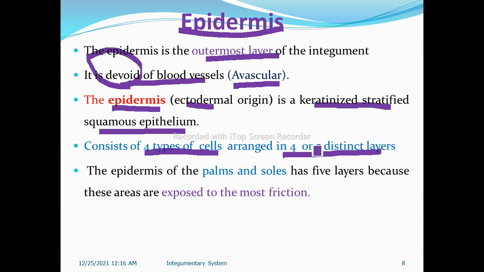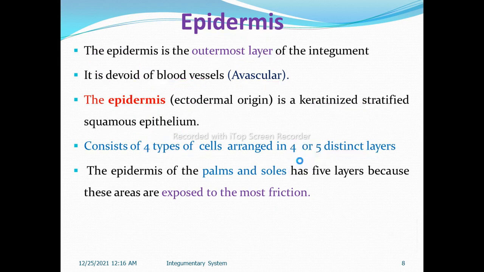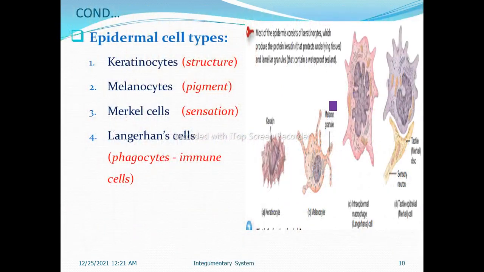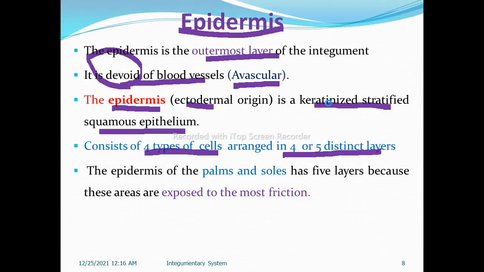By the way, the stratum lucidum layer is the layer that differentiates 4 or 5 layers. Stratum lucidum is found only on the palms and soles.